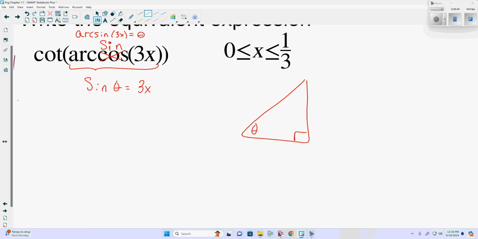Now we can use sine of 3x, because sine is opposite over the hypotenuse.